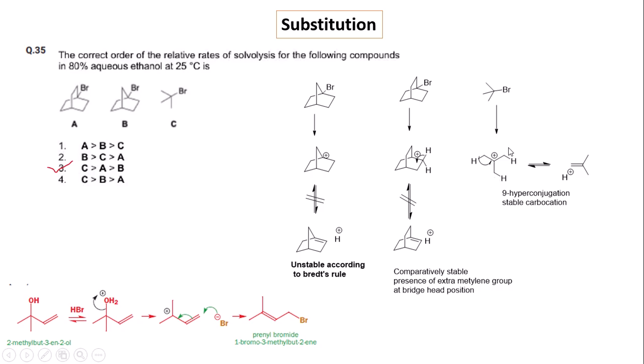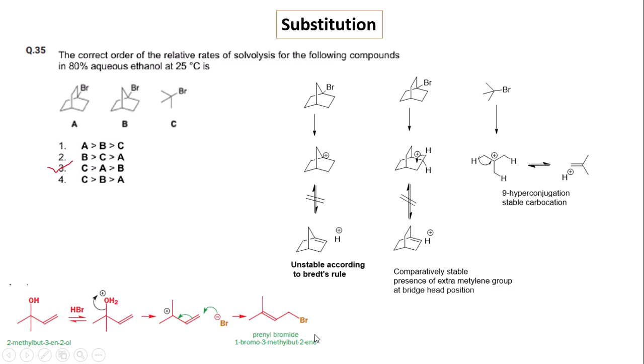So the tertiary butyl bromide has a higher solvolysis rate compared to the bridgehead carbocation, and since the extra methylene group is present at the bridgehead position, this carbocation is comparatively more stable compared to this. Hence, this has a higher rate compared to this. So the rate of solvolysis is C greater than A greater than B.